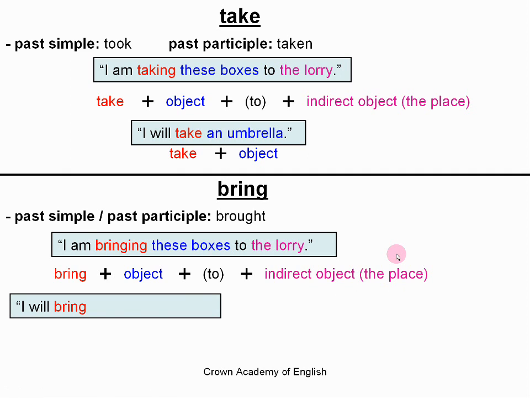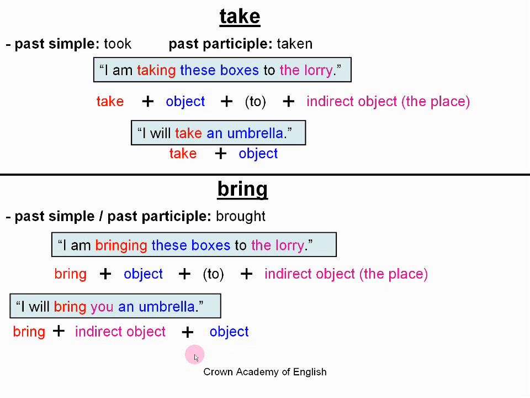Or we can say, for example, I will bring you an umbrella. Here we have the verb bring, then the indirect object, and then the object. So the order is different. The indirect object is before the object, and we do not have the word to.